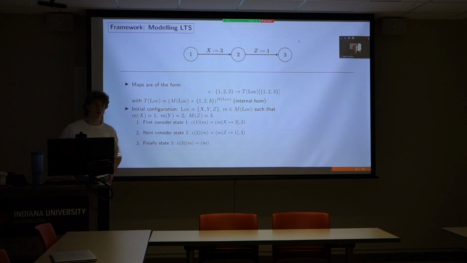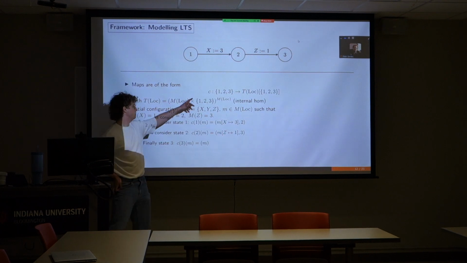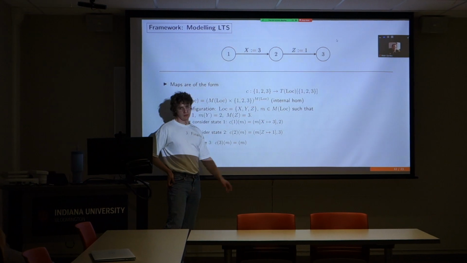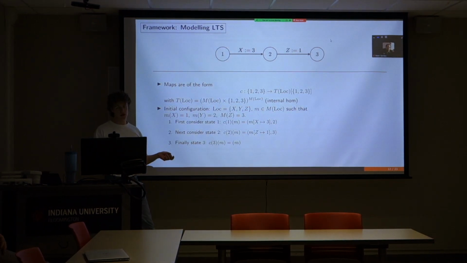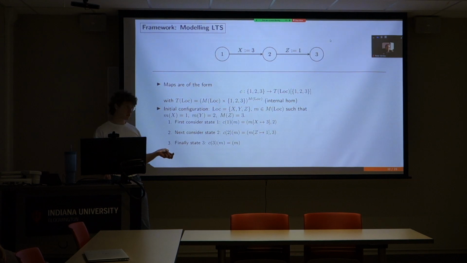We model state transitions, or the computational effects, in that form. That takes any one of those 3 states, and it combines that state with the memory location or the memory specification that is associated with that state.